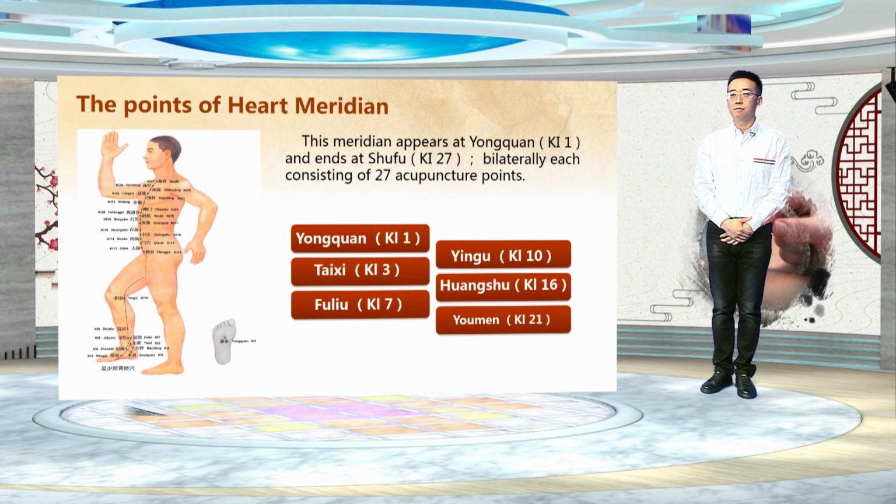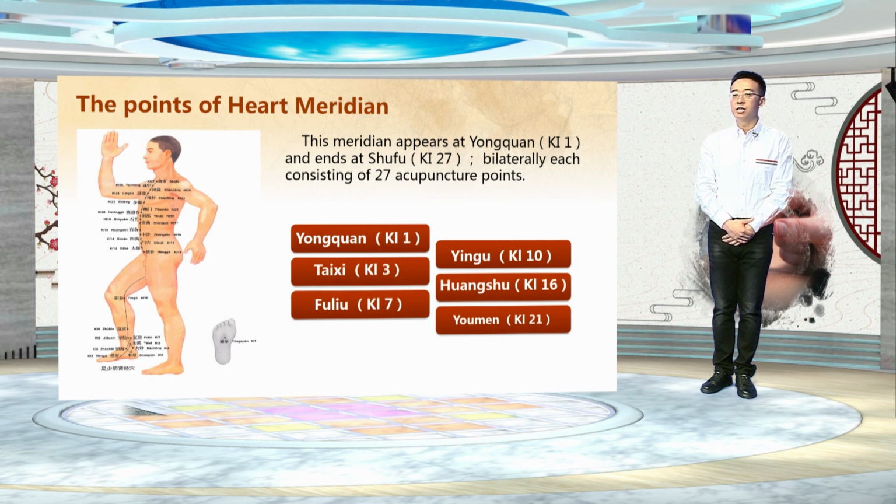The first 2 aspects of the kidney meridian of foot Shaoyin have been studied. Now, let's start to learn the third aspect, the points of kidney meridian. This meridian begins at Yongquan and ends at Shufu.